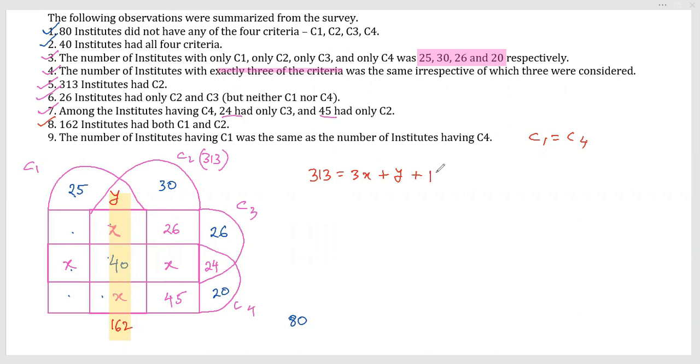That gives 3x plus y is equal to 172. First equation.